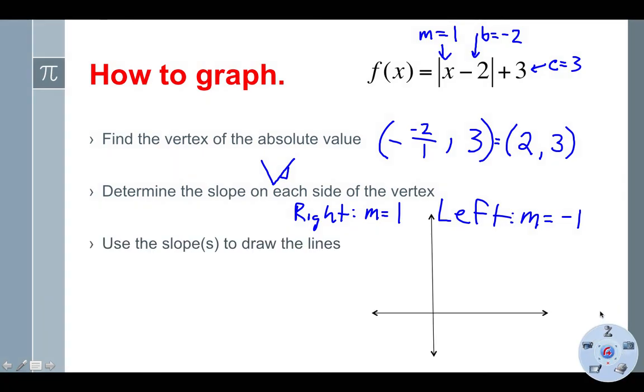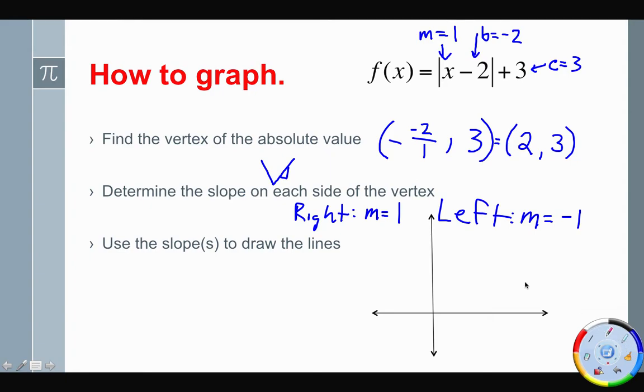We're going to use that to go from the vertex and draw our new graph. So we're going to go to the point 2, comma 3. And we're going to plot that point right there at 2, comma 3.